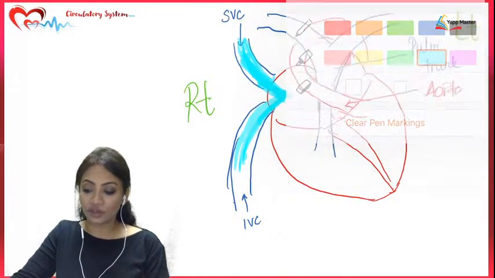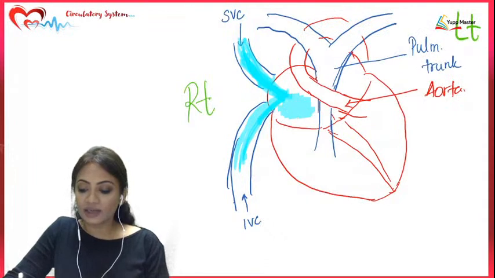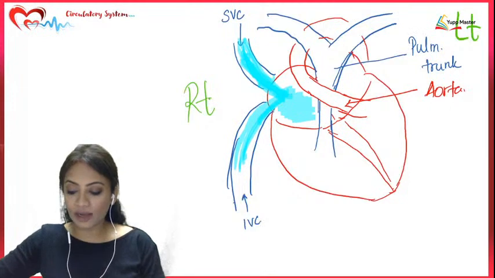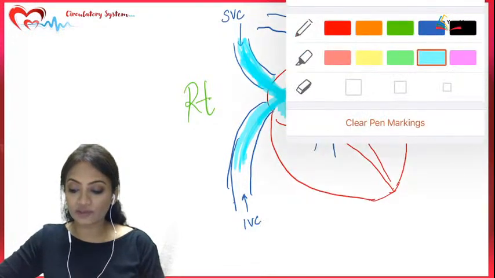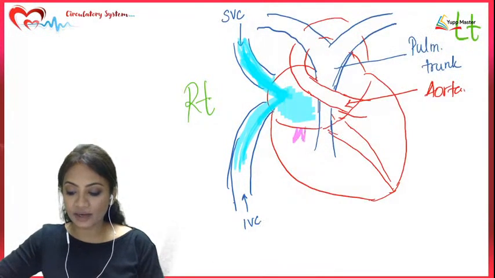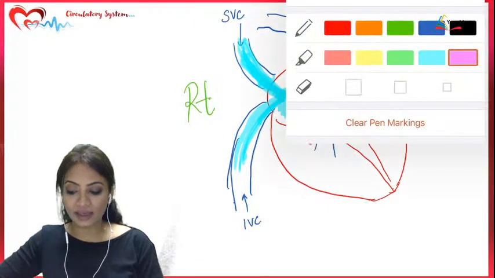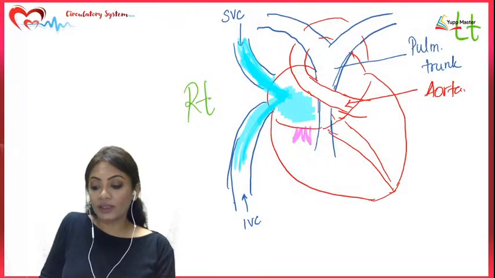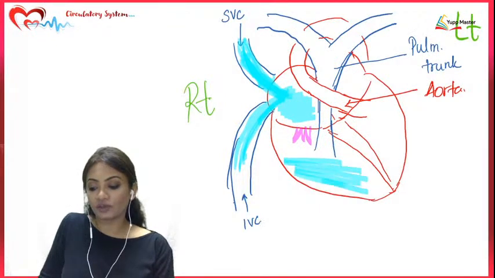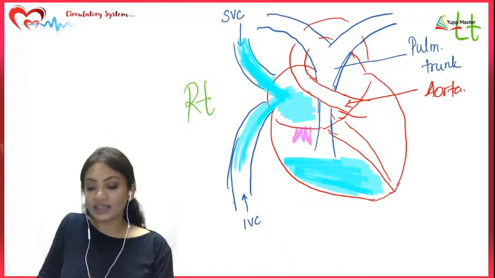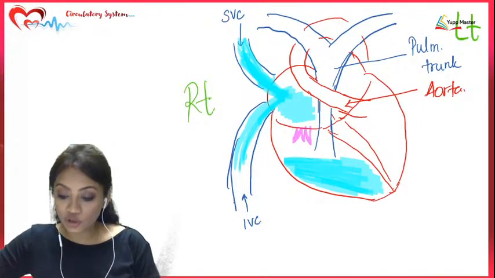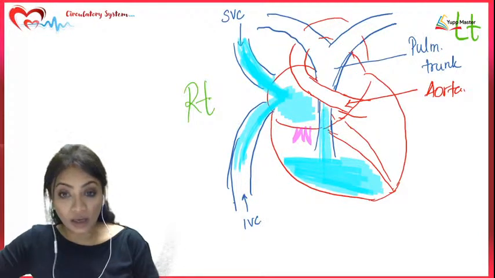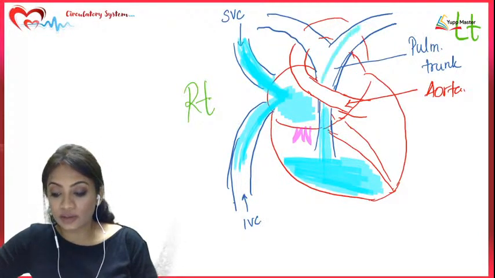So first deoxygenated blood is going to collect inside the right atrium. Then it will pass through the valve over here. Remember which valve was present here? There was a tricuspid valve present here, and then that deoxygenated blood will get filled into this ventricle over here. Then from this ventricle, this very same blood will enter into the pulmonary trunk, and once it enters into the pulmonary trunk, it is going to be taken towards the lungs.